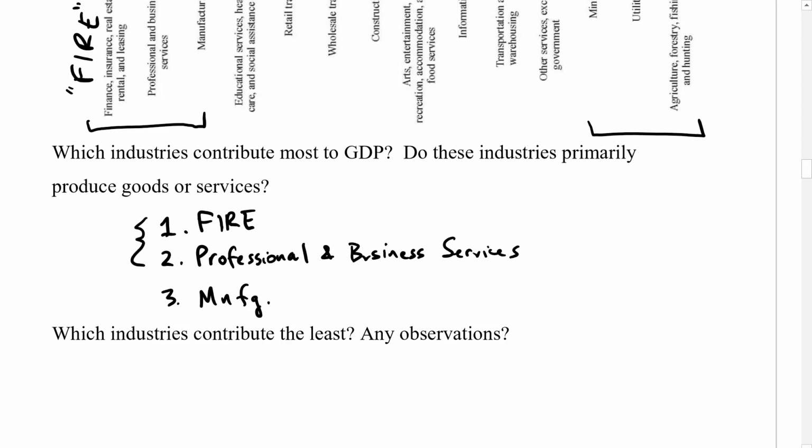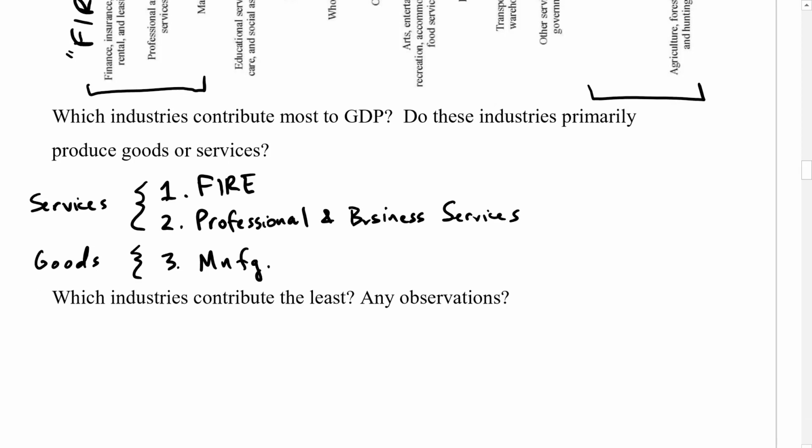These first two are largely service-based. Manufacturing is a bit more goods-based, but there are numerous service-based goods and services associated with manufacturing as well.